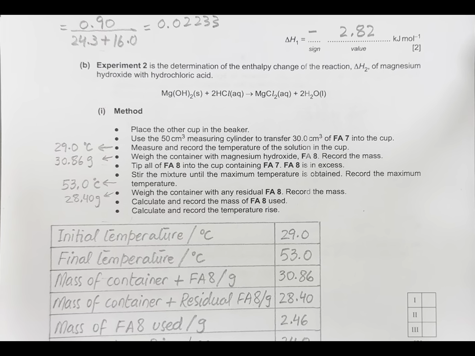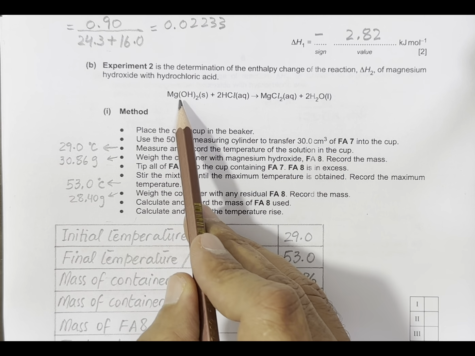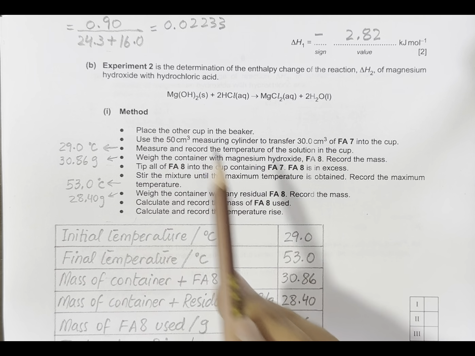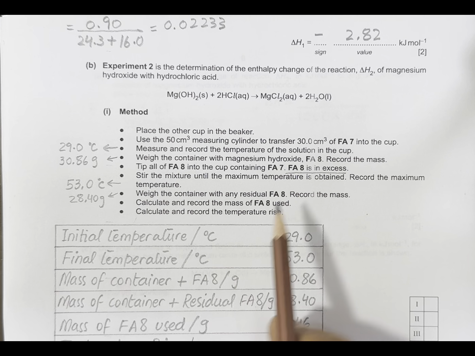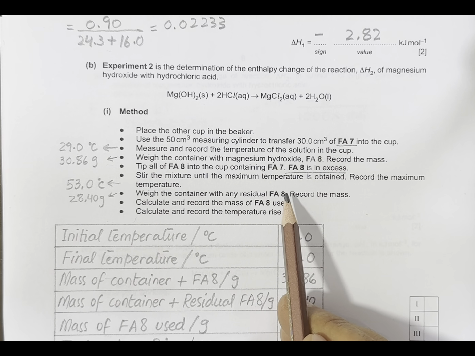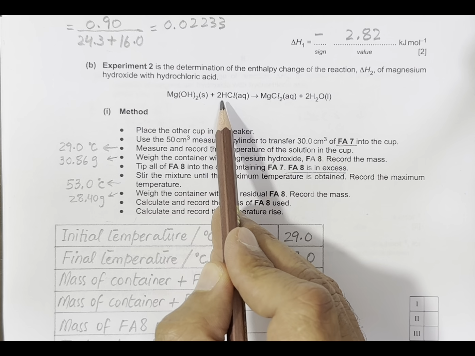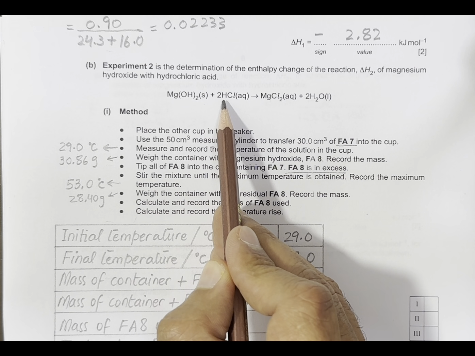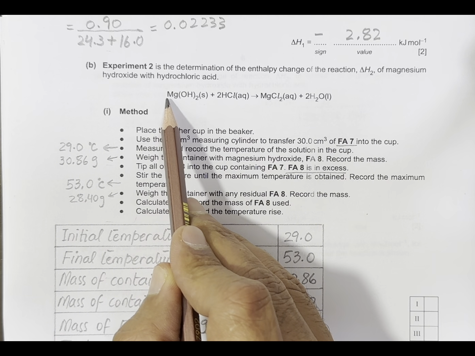If we look at the previous page, where they have said magnesium hydroxide, that was FA8, was used in excess, and therefore FA7 was the limiting reactant. So we need to calculate the moles of FA7 first, and as a reference we use the equation to calculate the moles of Mg(OH)2 reacted.